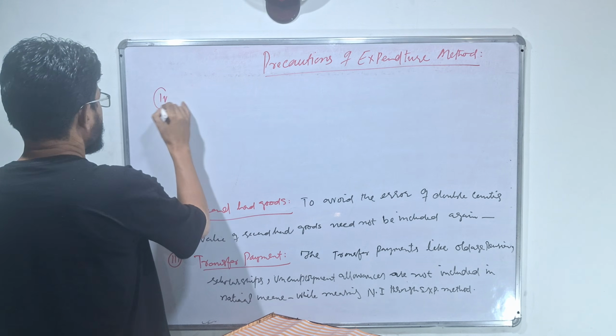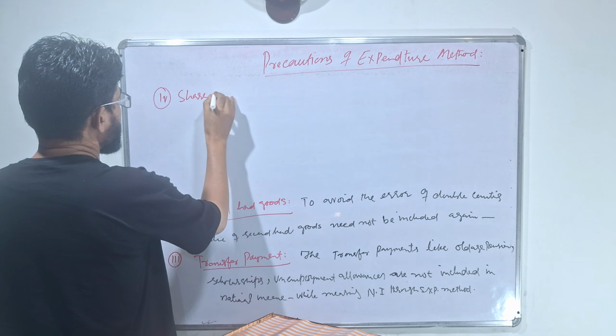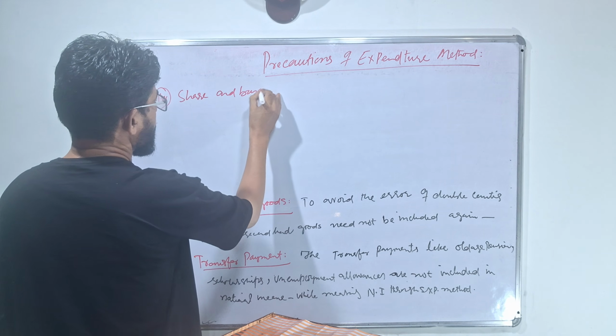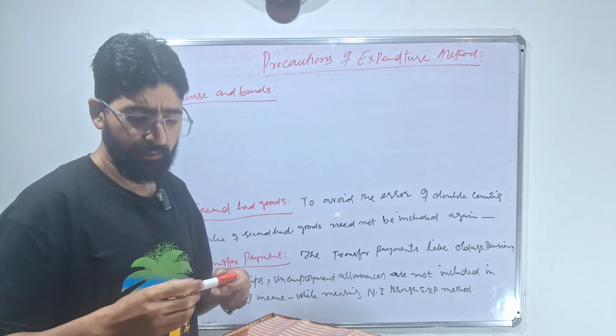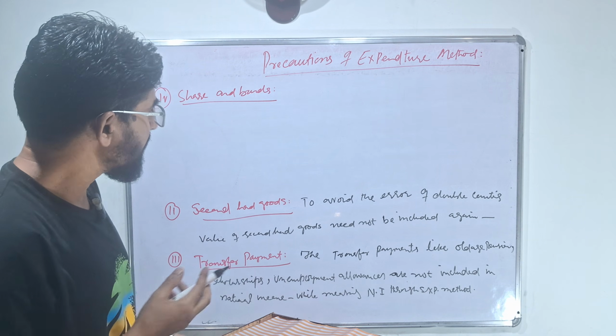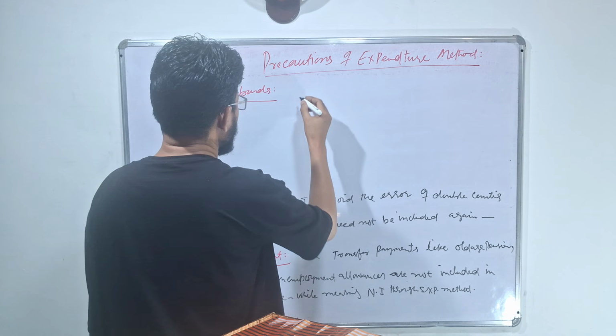Fourth one, last one, shares and bonds. Means the value of shares and bonds need not be included in national income. Why? They are merely paper claims.